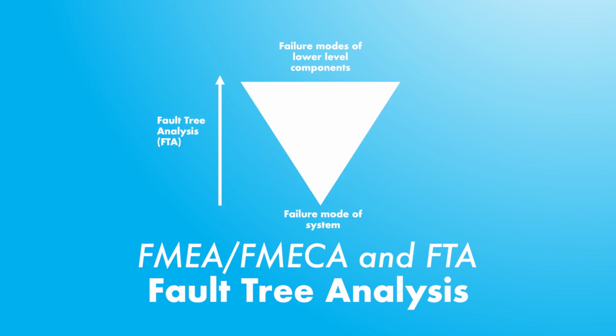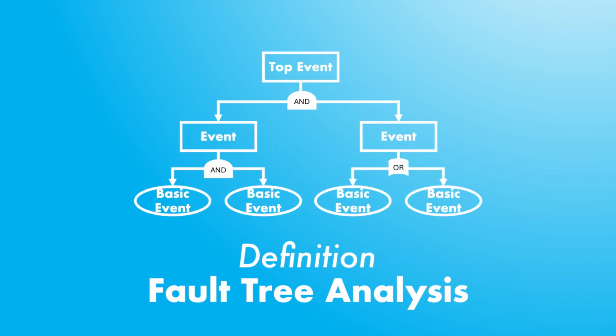In contrast to the bottom-up approach of the methodologies of FMEA and FMECA, we have the fault tree analysis, the FTA. This is a deductive method that goes top-down. It begins at the top event, for example, loss of drone control, and searches for all the possible causes at the first level, for example, critical failure, perturbation, or collision.